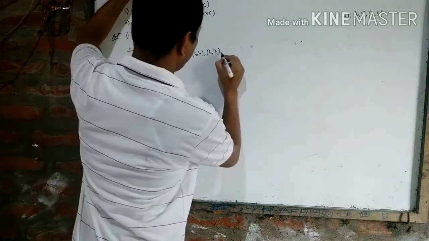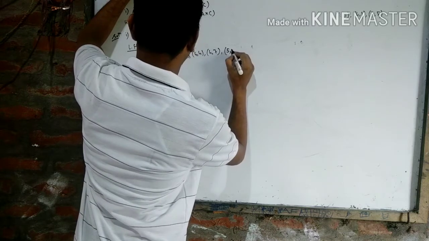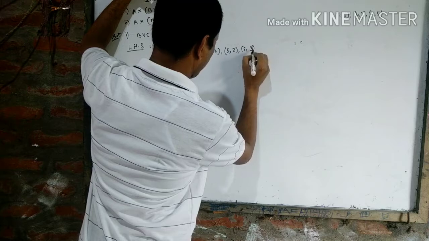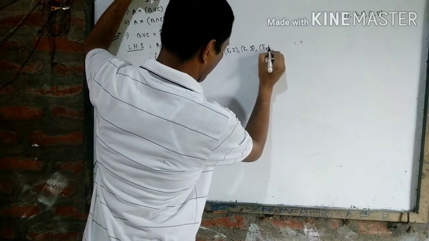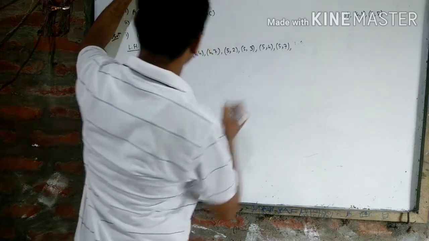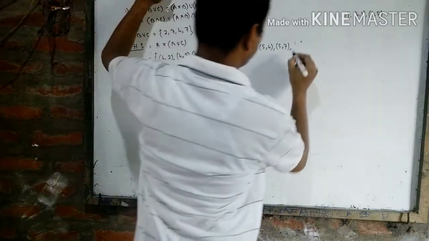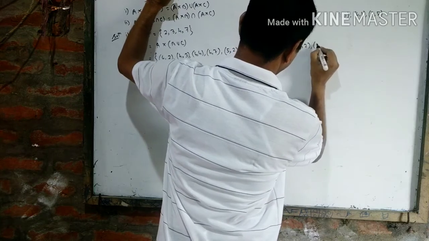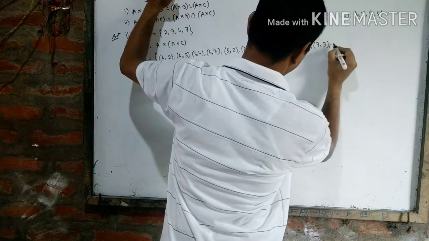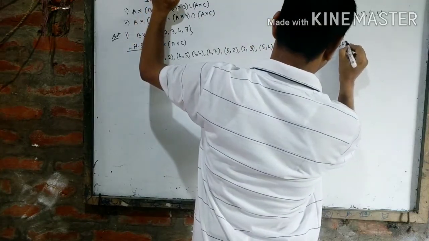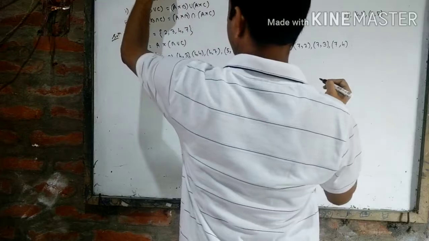Then 5: (5, 2), (5, 3), (5, 4) and (5, 7). Then 7: (7, 2), (7, 3), (7, 4) and (7, 7).